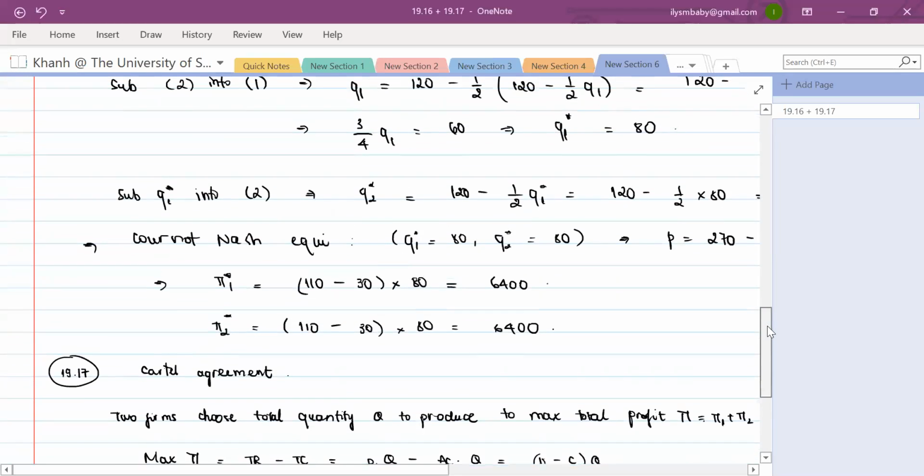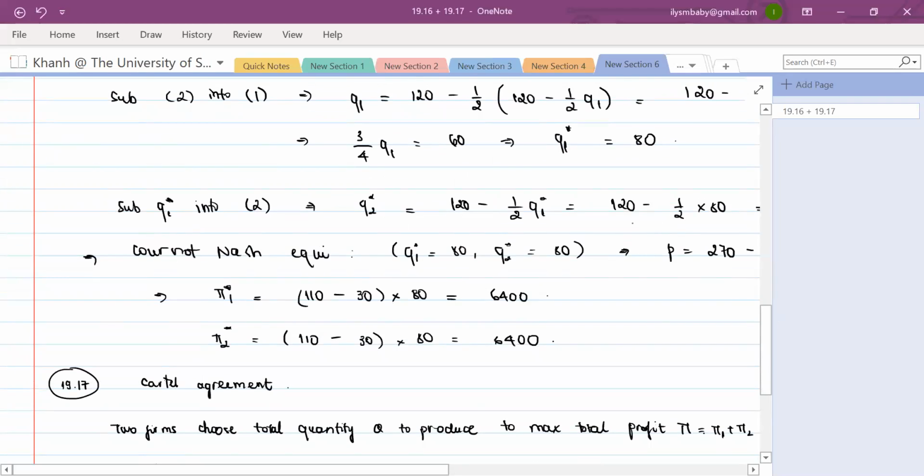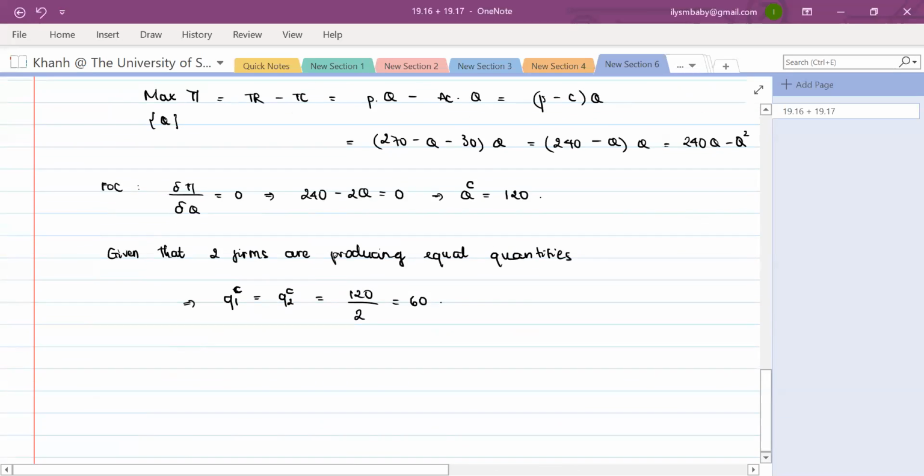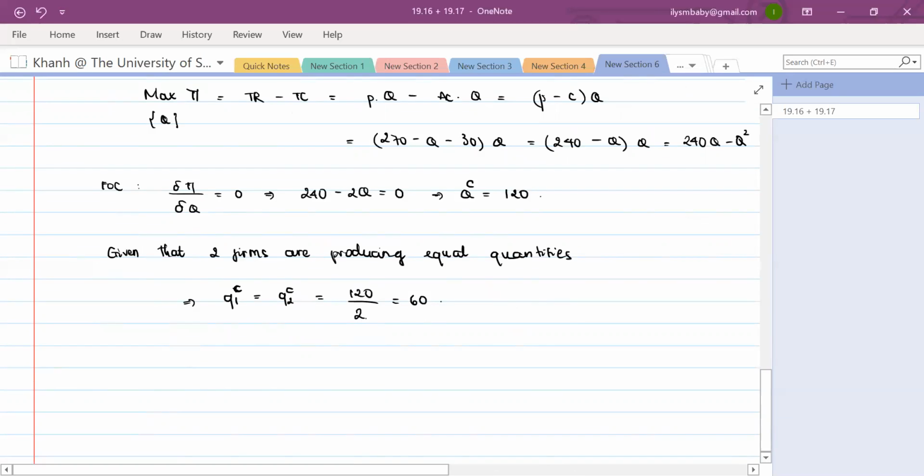Now, if you compare to the quantity produced by each firm in the Cournot equilibrium, you will see that the two firms are producing less under the cartel agreement compared to what they produce under the Cournot equilibrium, where each firm is producing 80 units of output. So by cooperating with each other under a cartel agreement, they are producing less, which is basically in order to increase the price.